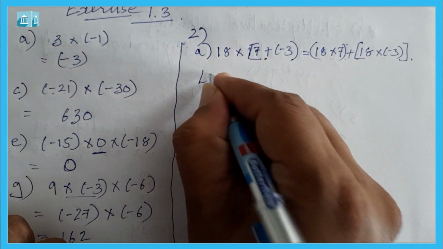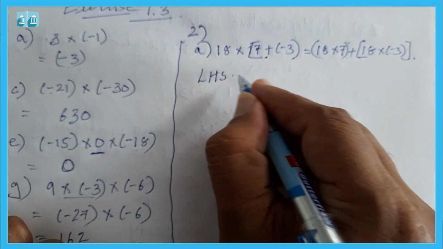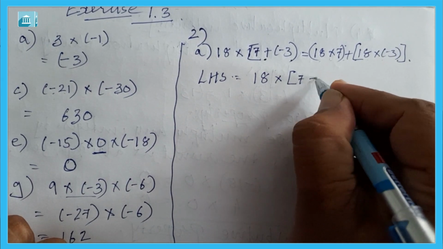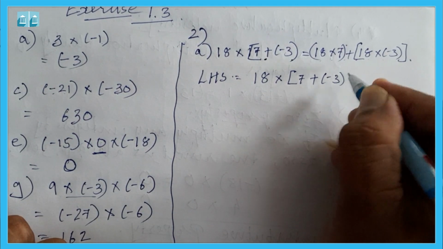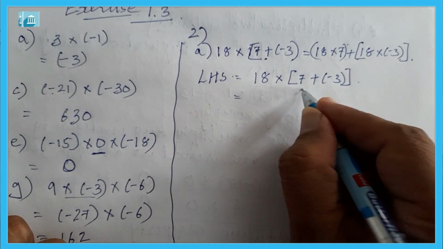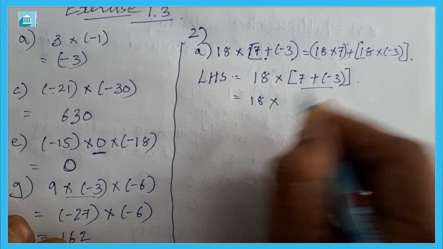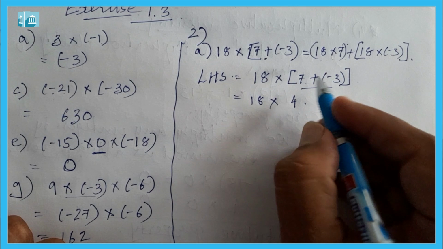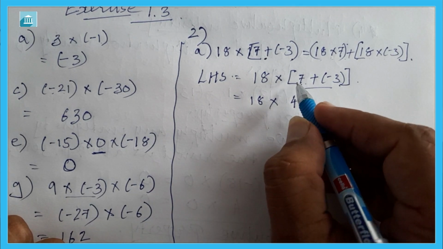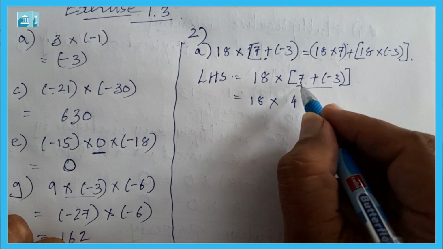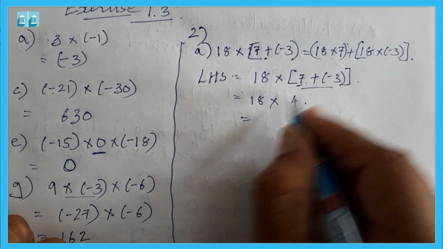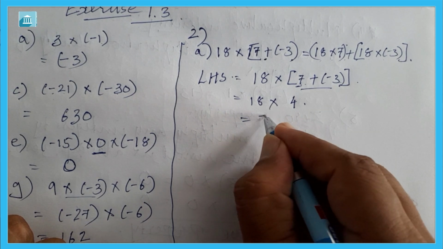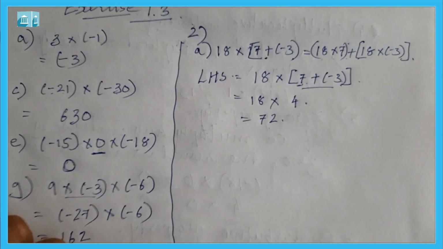First we will write the left hand side. Left hand side is equal to 18 into 7 plus minus 3. By BODMAS rule, first we will solve the bracket. 7 plus minus 3 is equal to 4. One is positive, one is negative, but the sign of 7 will be there, so it will be 7 minus 3, 4. 18 into 4 is 72.